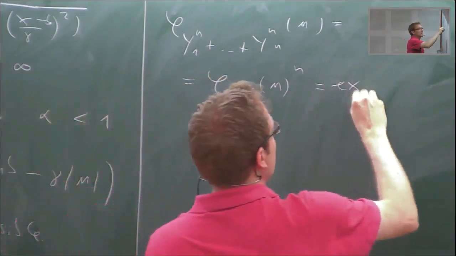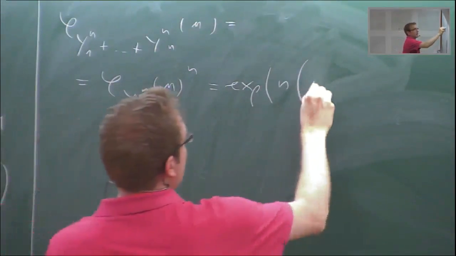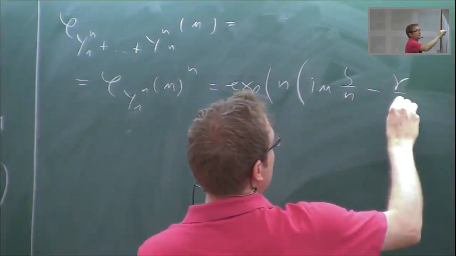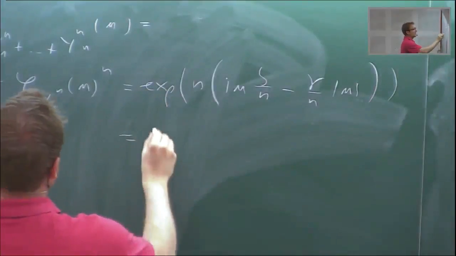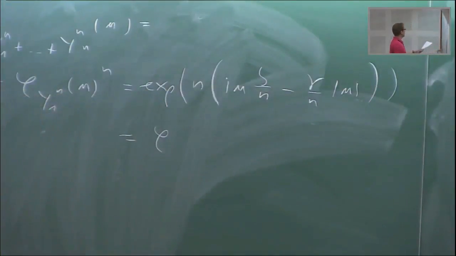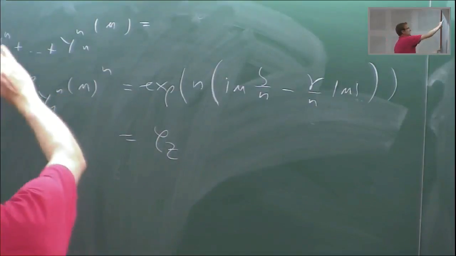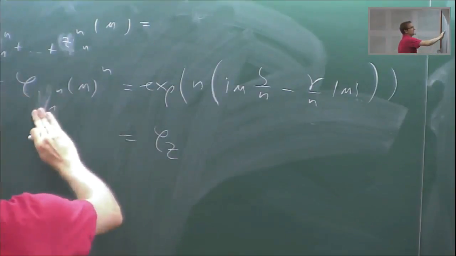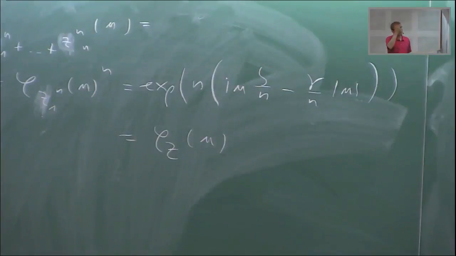So we have n times what we have here, i u b divided by n minus gamma divided by n times the absolute value of u. As you can see, everything cancels out, and we have the characteristic function of the original random variable. Pardon, it should be zetas here, zetas there, zeta of u. Okay, so it's a very easy structure.